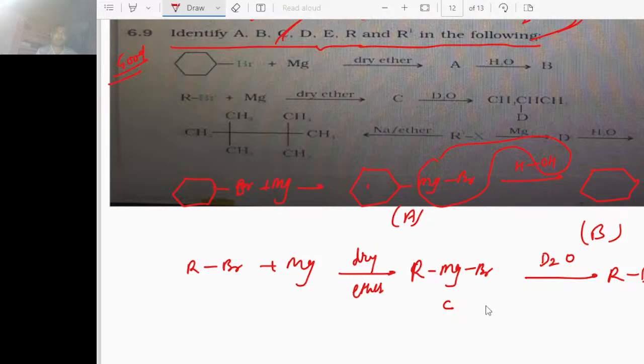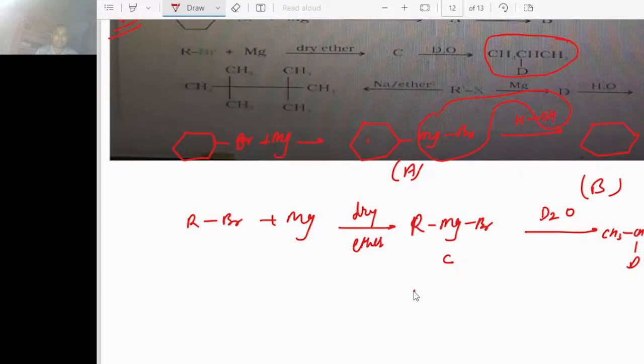Now here they are saying the compound formed is like that, student. So the alkyl group, obviously this R will be something different. What will the R be here, friend? Because this compound is already made here, this is CH3, this is CH, this is CH3, and here is D. It means the compound will be CH3, CH, CH3, and here is Mg and Br.